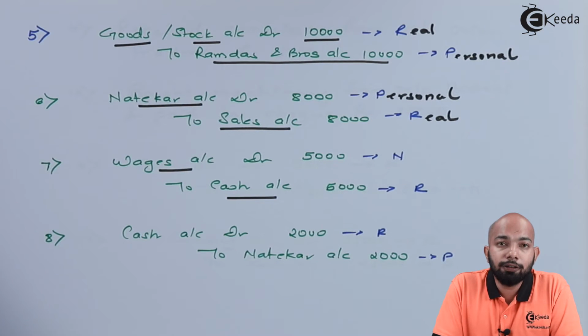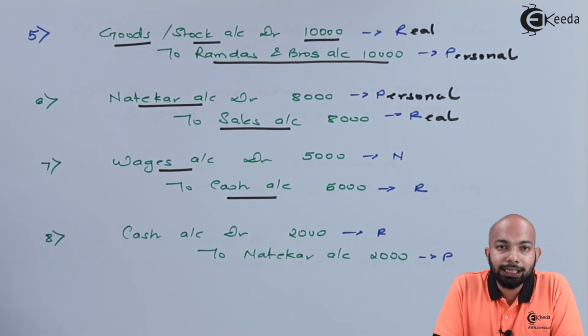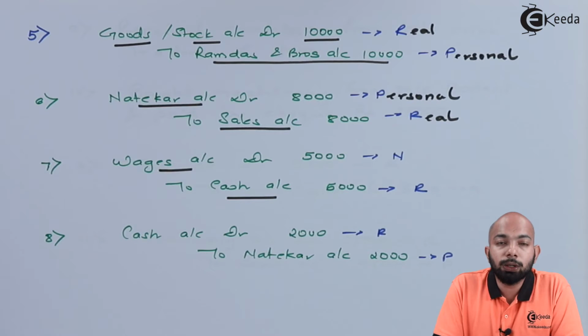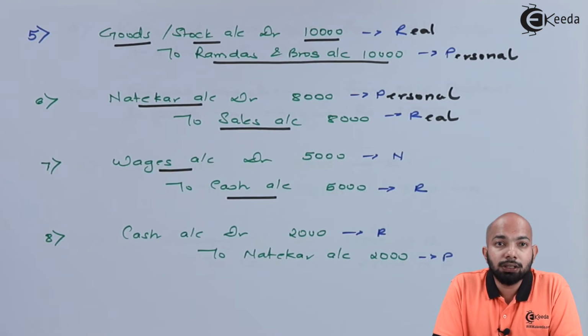So wages account debit to cash account is the journal entry that will be passed. Amount will be 5,000, where wages will be a nominal account, debit all expenses and losses as per the golden rule of nominal account, and credit what goes out. Cash is going out here, hence it forms a part of real account. So I hope this entry was very clear to understand how nominal account is charged here.